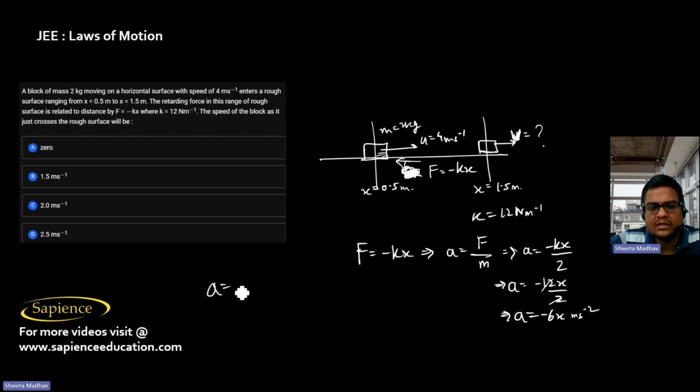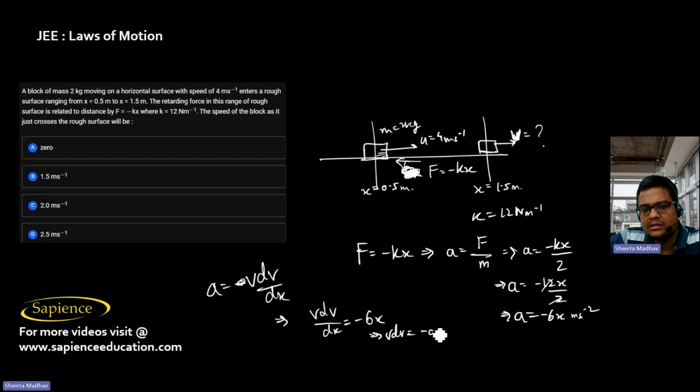And acceleration we can say is v dv by dx. So therefore v dv by dx is equal to minus 6x. So therefore v dv is equal to minus 6x dx.